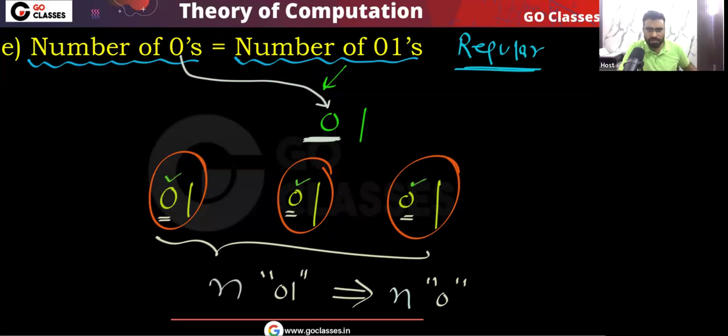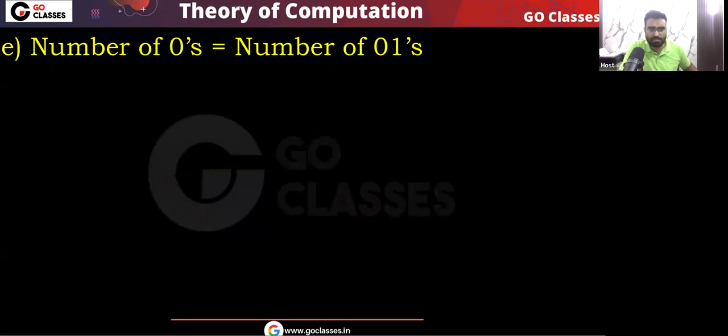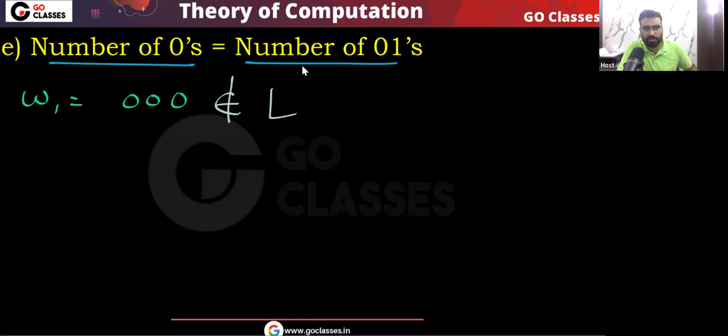So tell me what the language will be here. Remember, if 01 is coming, no extra zero can come. The zero can come only with 01. See, is this string allowed or accepted? Does this string belong to the language? No, it does not, because the number of 0 should be equal to the number of 01.